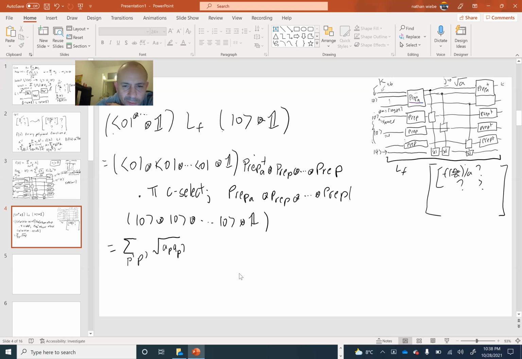Oh, sorry, there shouldn't be a dagger there. The prep A acting right. That will give us the square root A_P prime, all divided by A.